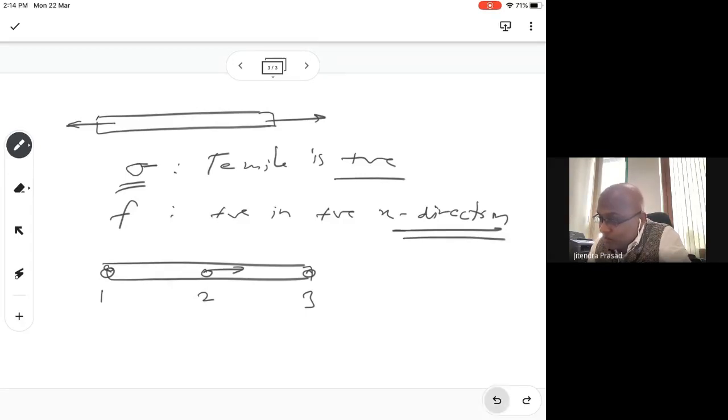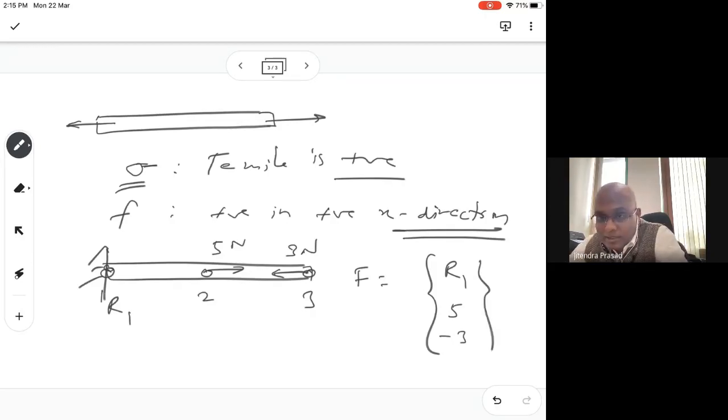Let's not call it F2, but rather 5 Newton going this way. Let's fix it like this, and here we have 3 Newton like this. So the force vector, what will you do? You will have some reaction force R1, you write R1, then you write 5, then you write -3, like this. This is how you are going to write. Okay, got it?